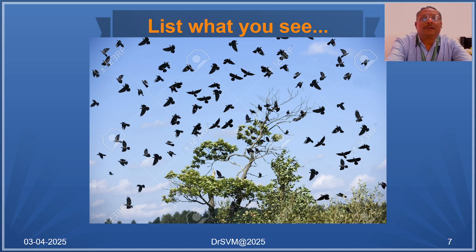But how do we recognize each bird belongs to the same class? Yeah, we can see that all the birds are of the same type, same class. I don't find different types of birds, though they are visibly different, but still there is something in common. They all belong to the same category, same type of bird. How did I know that?